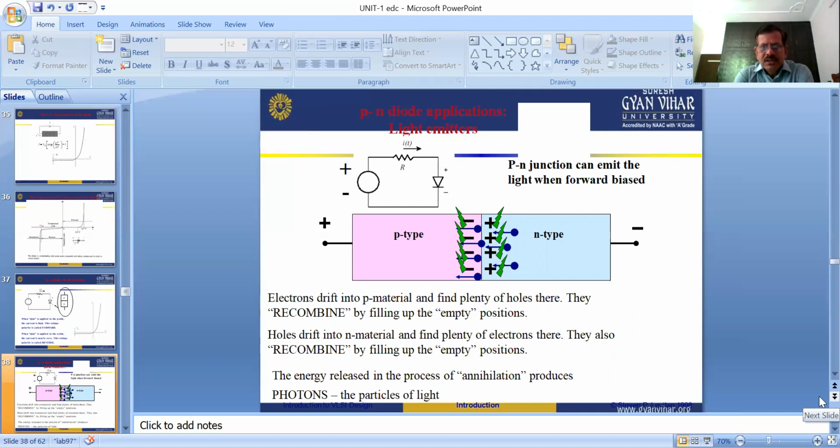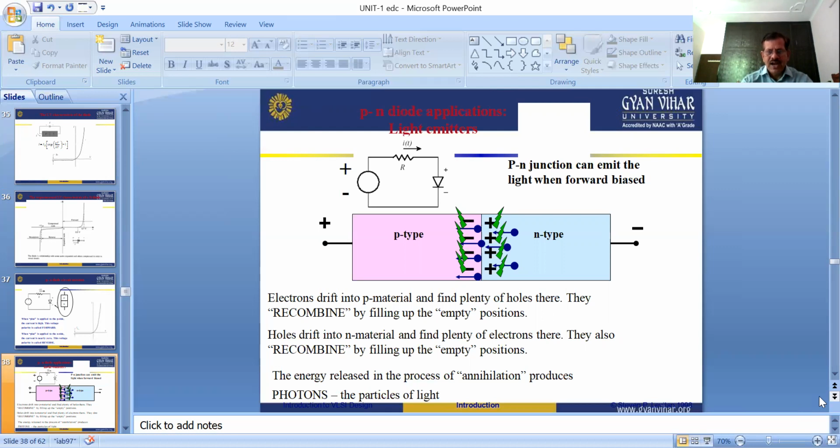Now we see here that the PN junction can emit light when forward biased. An example of a PN junction diode is the LED, light emitting diode.